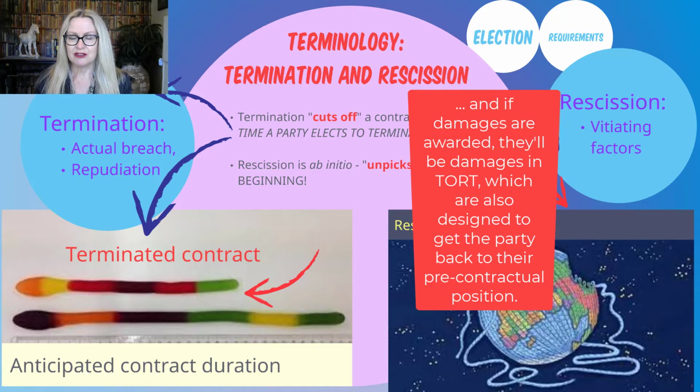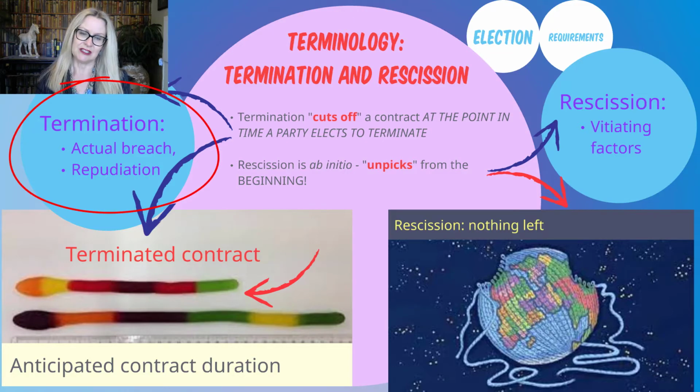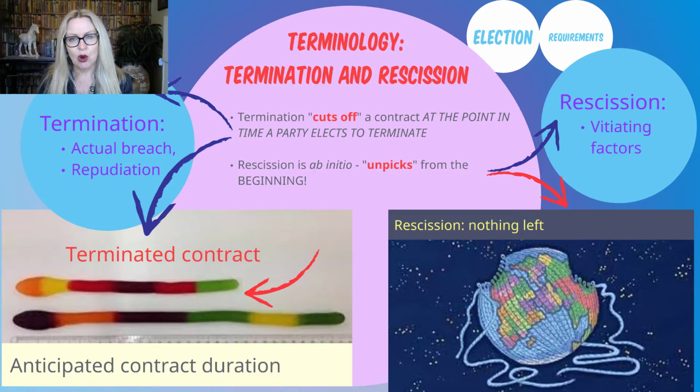Very important to get the concept of rescission very clearly distinguished in your mind from the concept of termination. Termination, as you can see, I've got on the other picture there, it cuts a contract off at the point at which it has been terminated. So everything that has happened up to that point stays on foot, like that little half a lolly snake there.